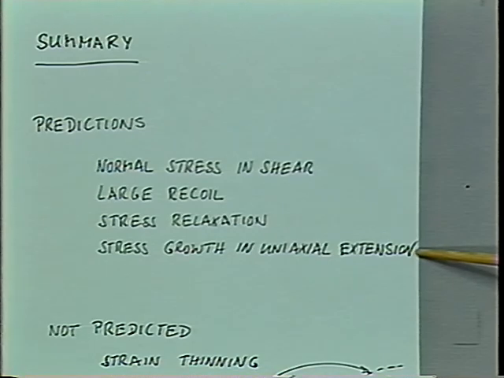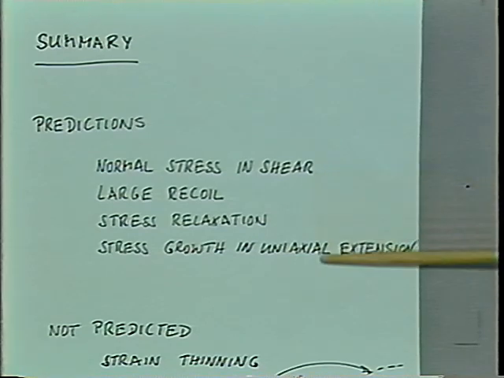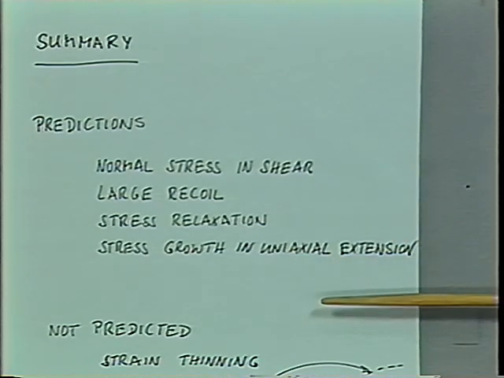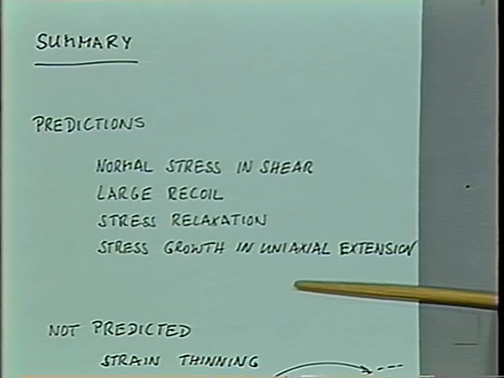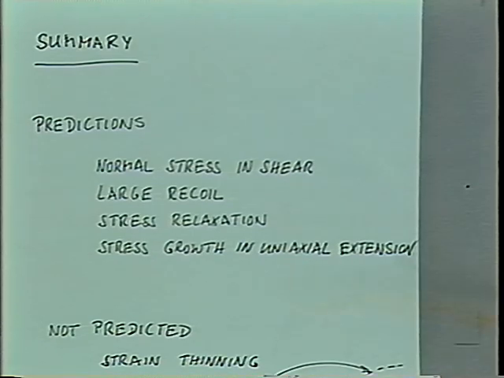It was quite surprising that you can describe the stress growth experiment now as a simple homework problem. You can just calculate it on the back of an envelope using the large rubber-like liquid and a Finger strain tensor, and there you are. So that's a lot of success in a simple model which was derived from rubber elasticity.